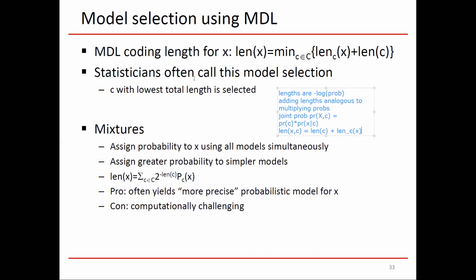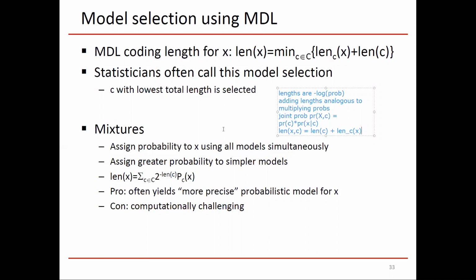You're going to select the C that corresponds to the lowest total length, and statisticians often call this model selection. So maximum a posteriori, or MDL, is one approach, but there's a fancier approach called mixtures.